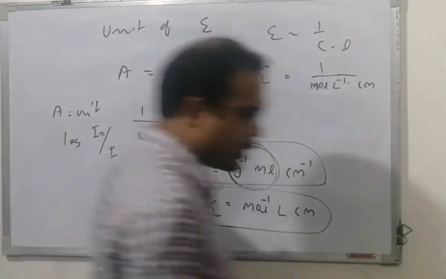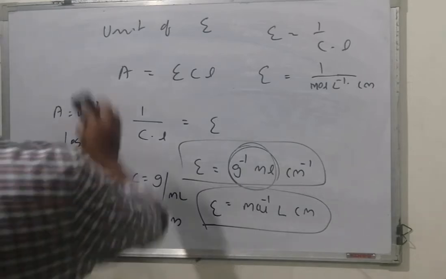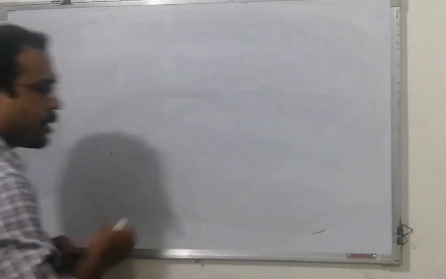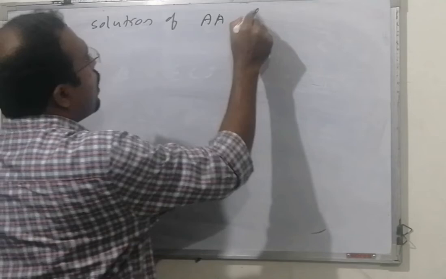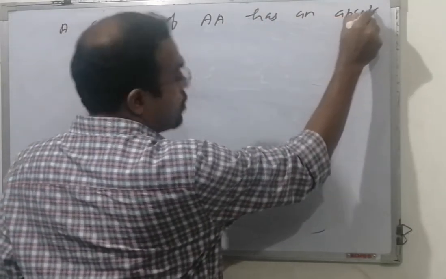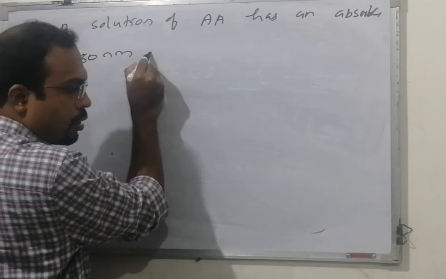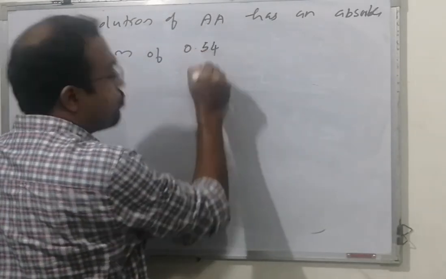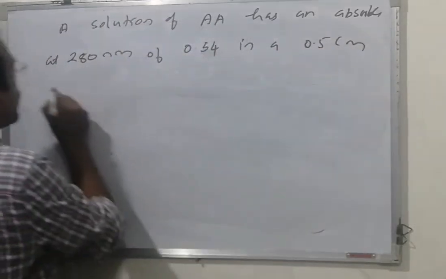Okay, now we can solve one question. A solution of an amino acid has an absorbance at 280 nanometer of 0.54 in a 0.5 centimeter cuvette.